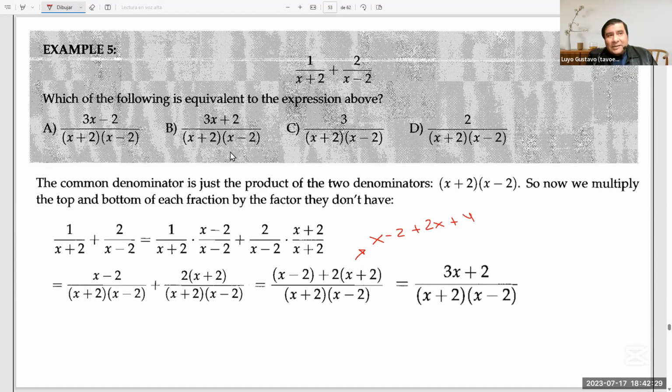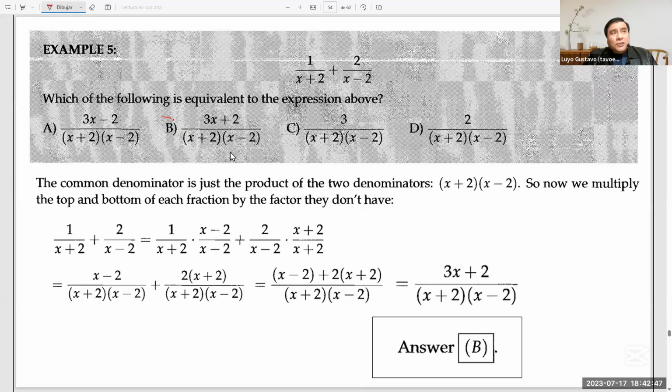After reducing this term with this term, and this with this, you get 3x plus 2. So now, this is the final expression. We cannot simplify this anymore. This matches which of the options? Option B. Okay, let's try our next example.